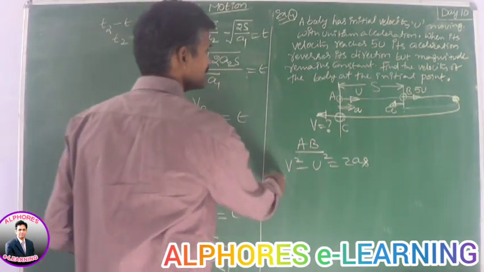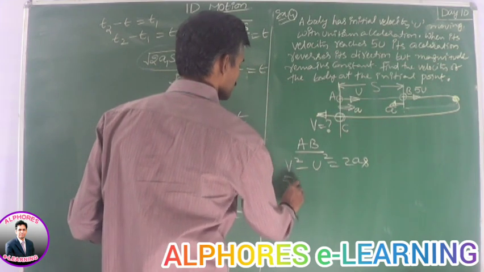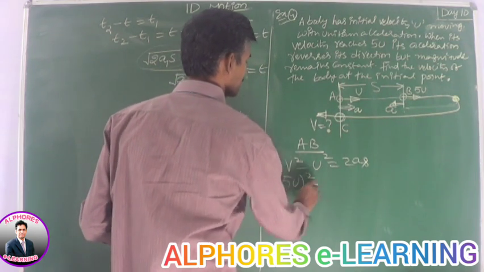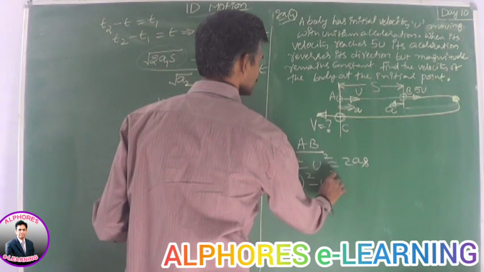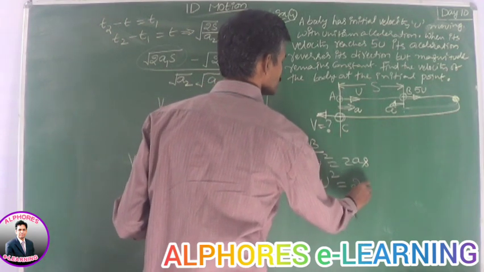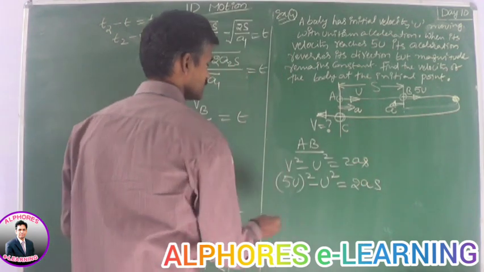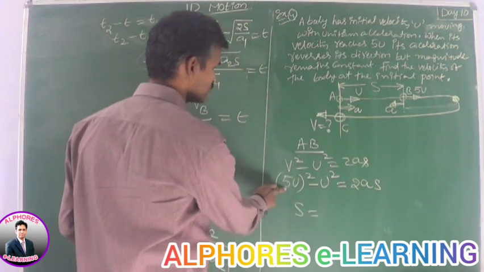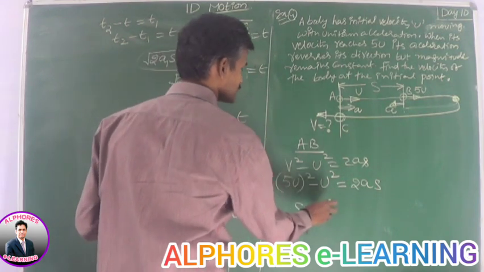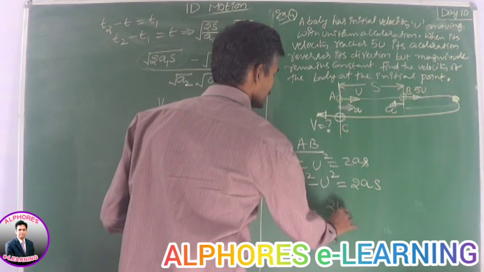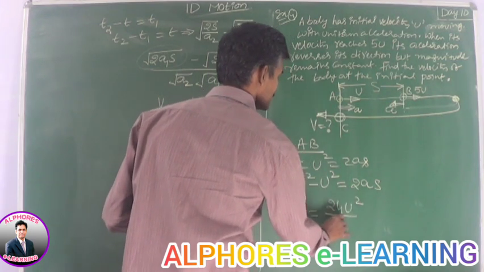So v is 5u whole square minus u square, that is equal to 2a into s. So this s can be written as 25u square minus u square, that is 24u square by 2a.